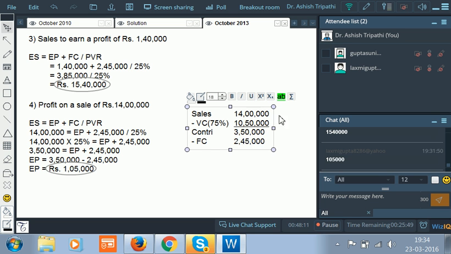Our fixed cost is 2,50,000, sorry, 2,45,000. Now again you subtract fixed cost from contribution. You will get profit. So your profit will be 3,50,000 minus 2,45,000, 1,05,000.